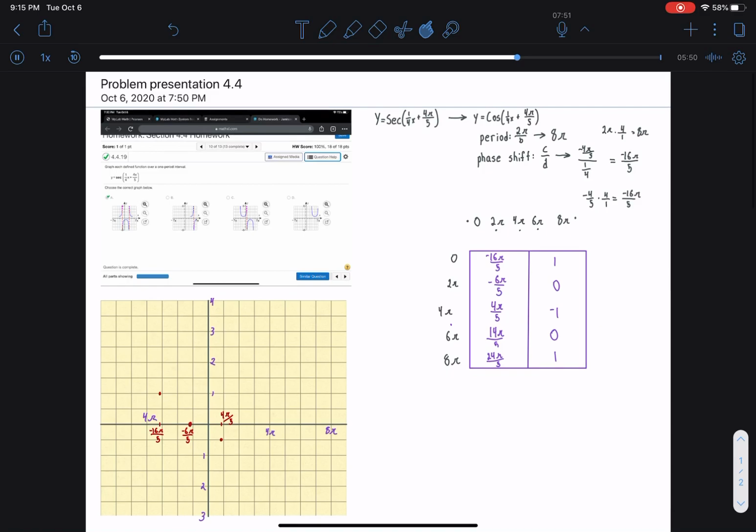Right there, and then we got 14 pi over 5. This is 14 pi over 5, and that's going to equal 0 here. And then our last one is going to be 24 pi over 5, and that's just right short of 5 pi. And it's going to be at a 1, so right there. This is 24 pi over 5.